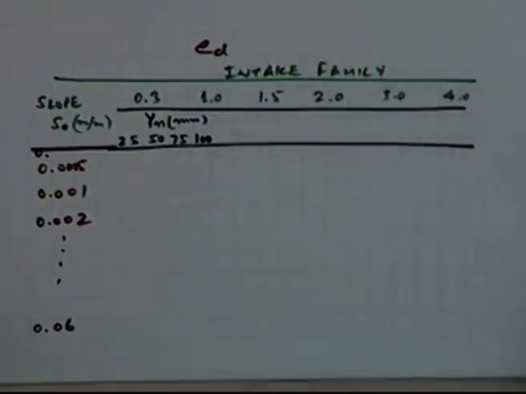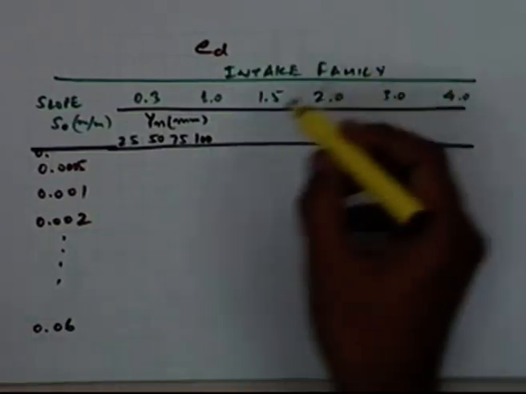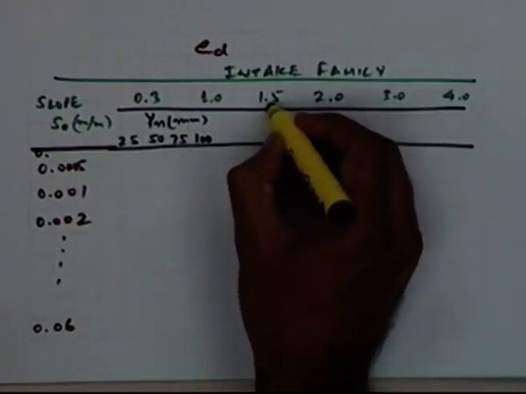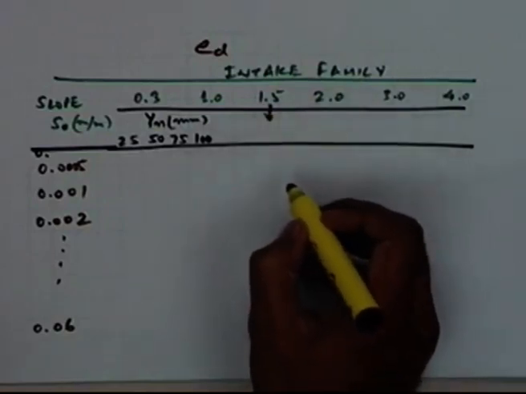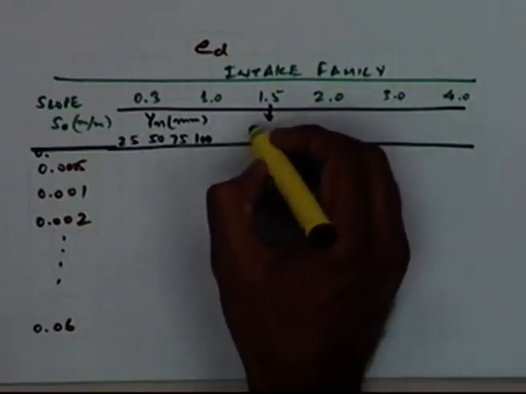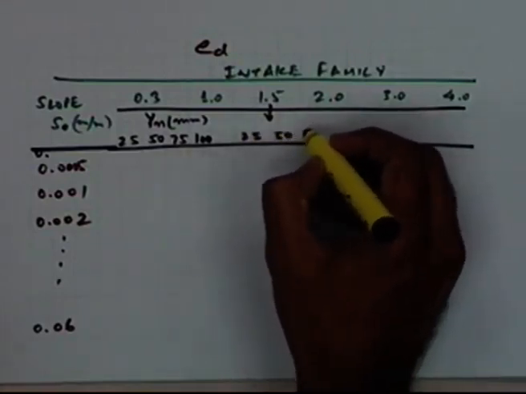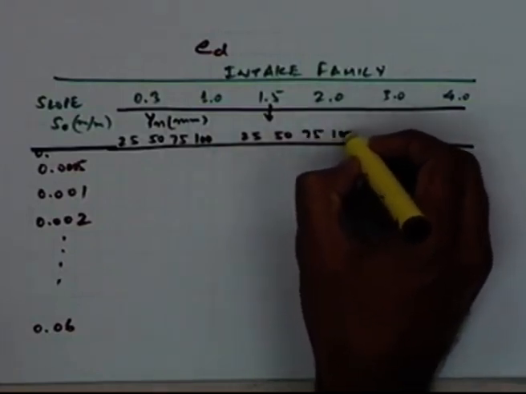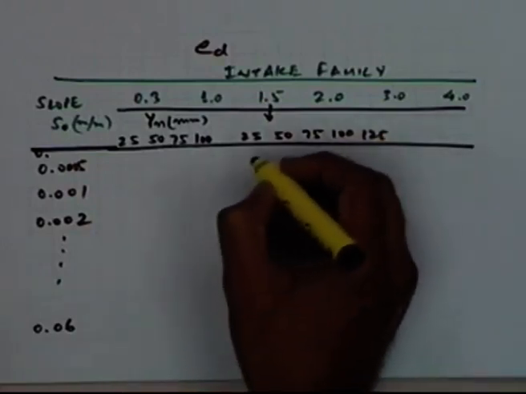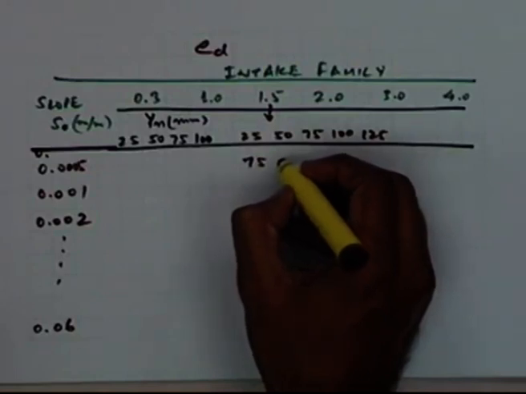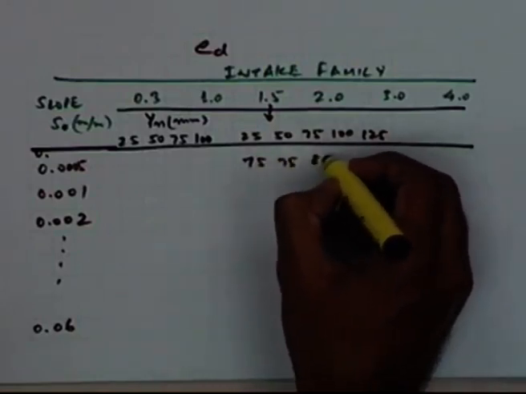Those efficiencies can be used to find out the unit stream size. I'll give you an idea for the case of an intake family of 1.5 and for the values of depth of application in this range, just to give you an idea of the possible variations of these efficiencies.